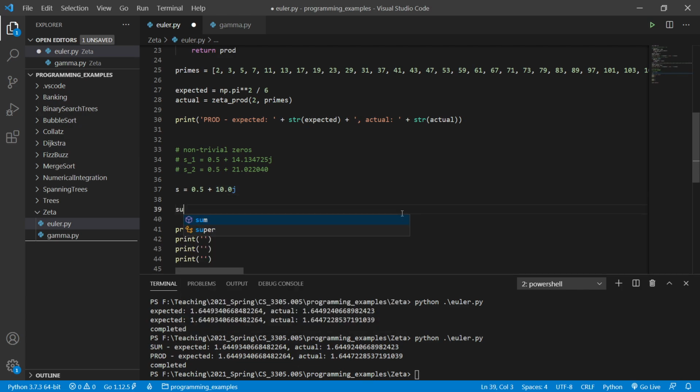So then we'll call it result sum, and it's going to equal zeta sum for s, and then result prod, that's going to equal zeta prod for s.